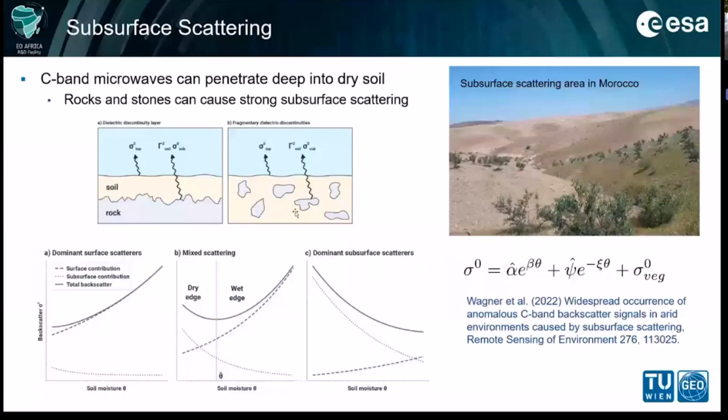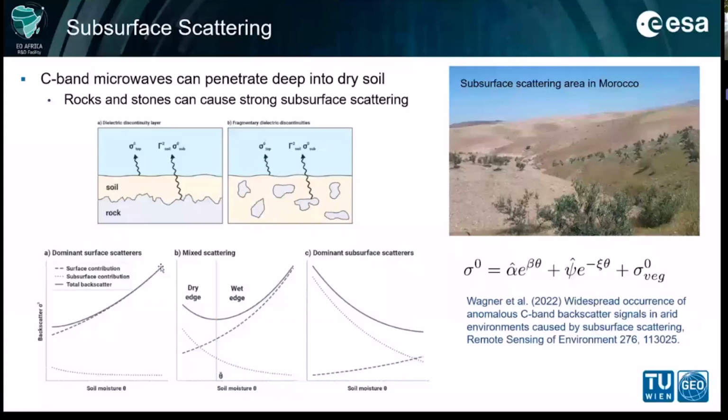In extreme conditions, the reduction of the signals from the rock could be a much more important influence than the increase from the top. So in areas with such dominant subsurface scattering, backscatter could decrease with increasing soil moisture. That's totally opposite to all the physical models that we have, which say backscatter should go up if soil moisture increases.